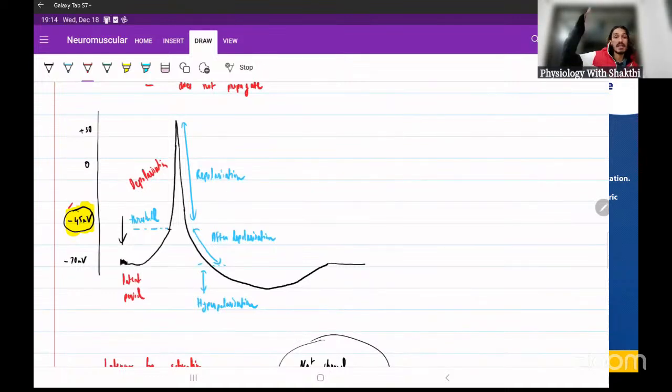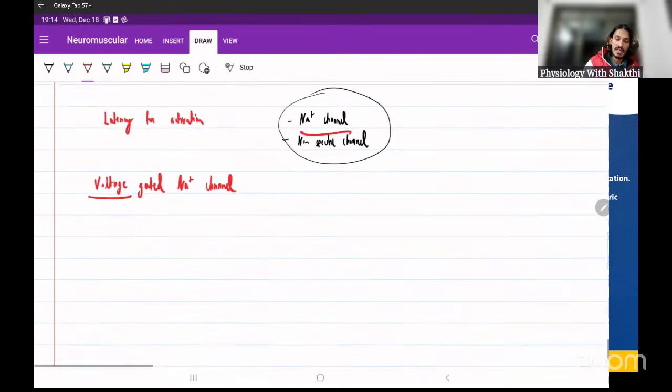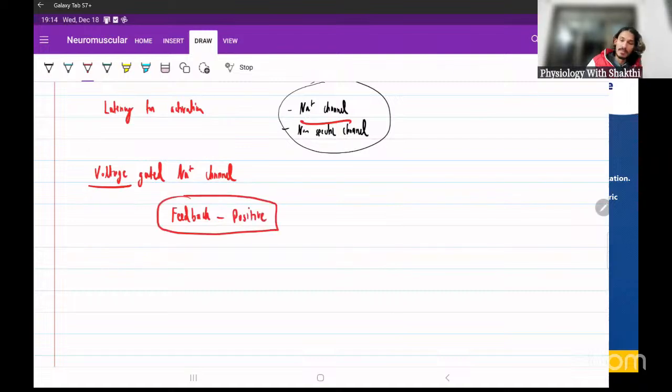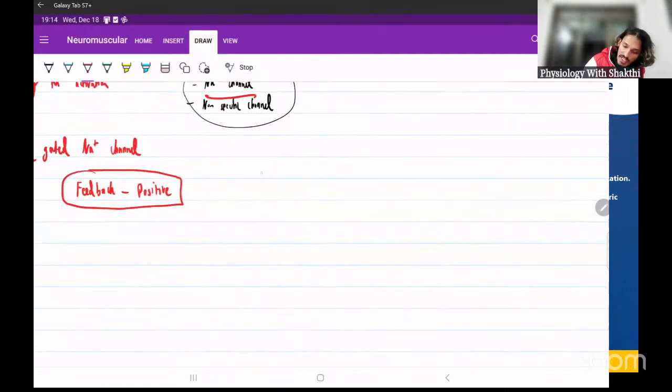Now, why it goes as a spike potential and keeps on going is because there is a feedback mechanism. What kind of feedback mechanism? It is an example of a positive feedback mechanism. What is happening here? One, voltage gated sodium channels are activated, which means sodium influx is happening. Sodium influx is happening, moving positive charge in.